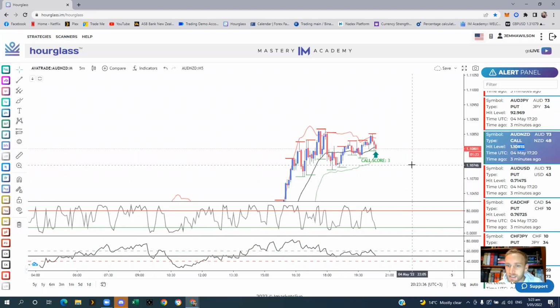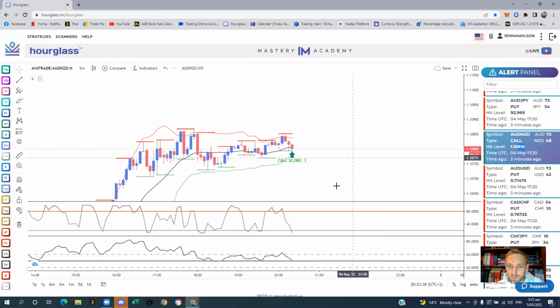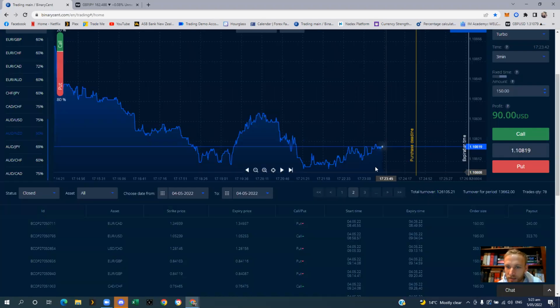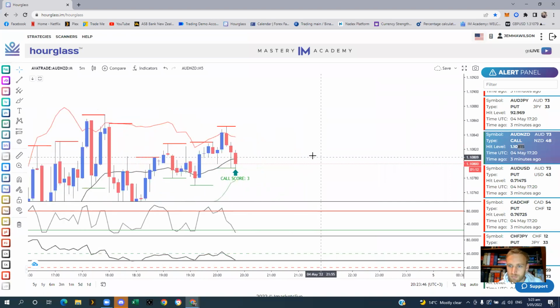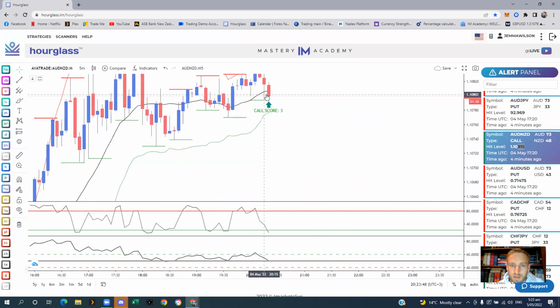Now, it doesn't look like this one's going to do it, but we'll still wait. We'll give it a little bit longer. You might just get a little pullback. So it's sitting there, 800, 895.